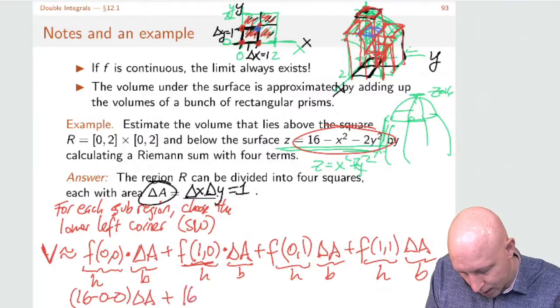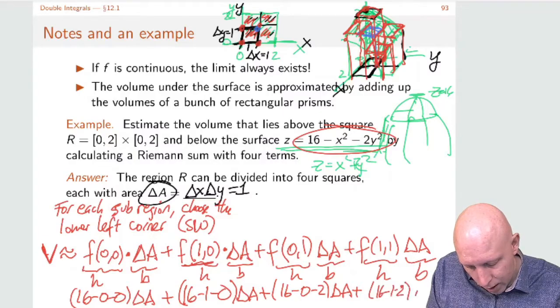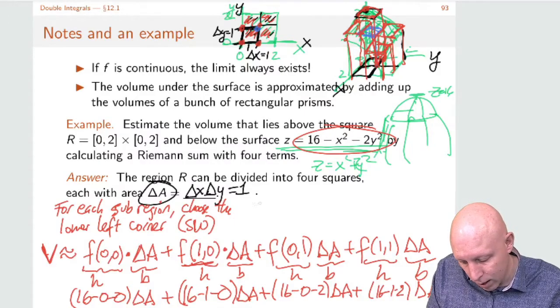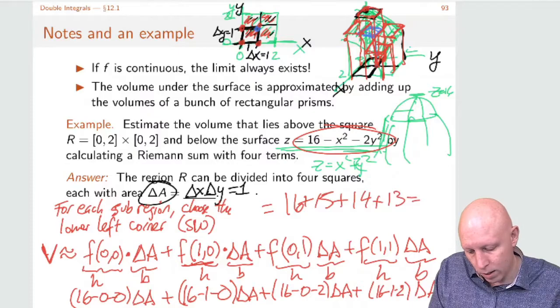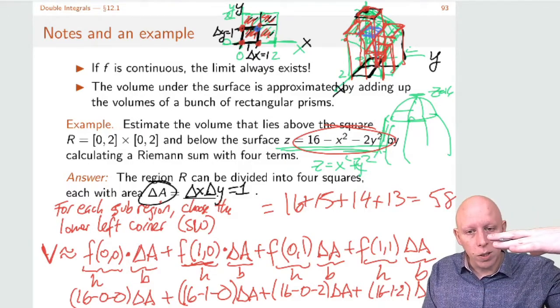So that's 16 minus 1 minus 0 delta A plus 16 minus 0 minus 2 delta A plus 16 minus 1 minus 2 delta A. And since delta A is equal to 1, the final answer is going to be 16 plus 15 plus 14 plus 13, which is 30, 45, 58 cubic units. And we said that's going to be an overestimate for what the volume is.